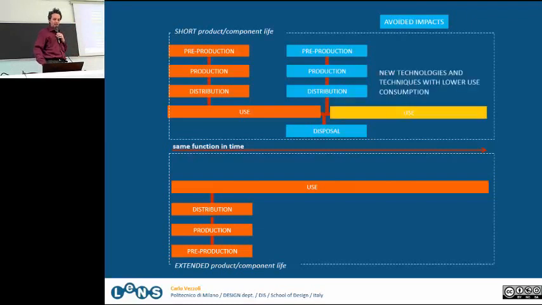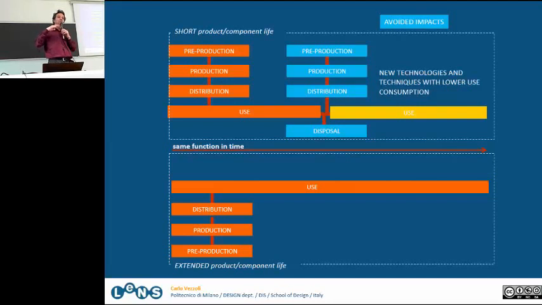It could happen for those products like, for example, a car or a computer that are using energy or other resources during the use, that new technology along the time may determine a reduced consumption during the use. So, for example, a new car is coming out with an engine that is working more efficiently. And so what happens is that there we are changing the product, so we have an additional impact, but we have a lower impact in the use phase.